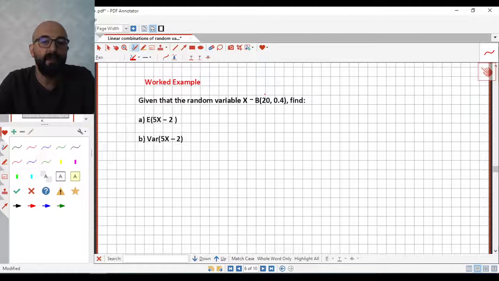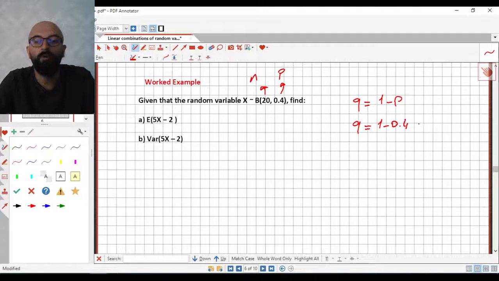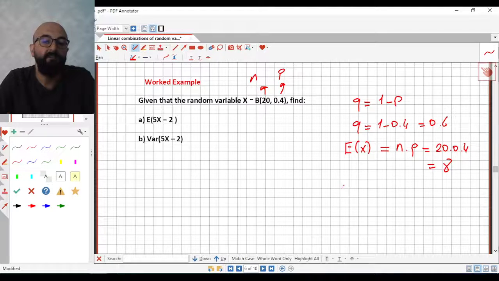As you remember, the first value means n, and the second value is the probability. So q means 1 minus p, so q is 1 minus 0.4, which is 0.6. To work out the expected value, n multiplied by p, 20 multiplied by 0.4, is 8.